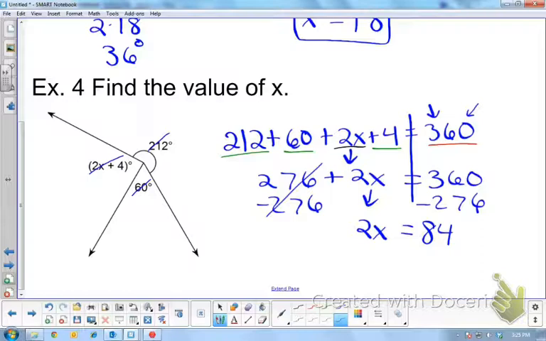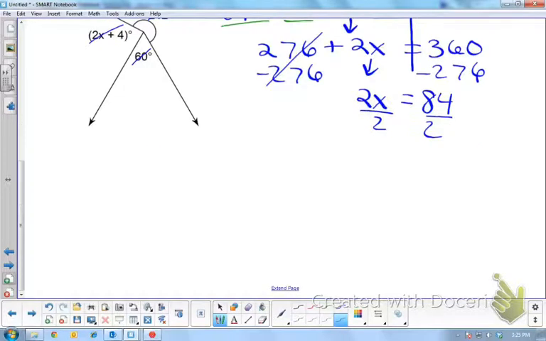And then I need to get rid of the 2, so my last step is to divide both sides by 2. If we divide 84 by 2, we get 42. Again, since that's x, I would not label that with degrees.